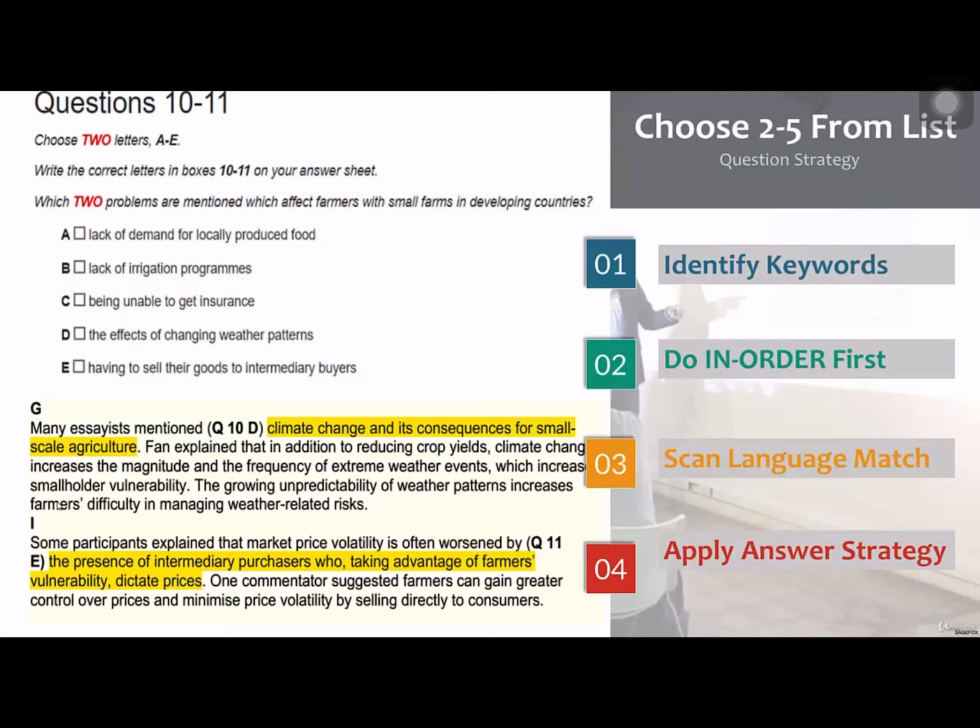Now, don't worry. In the upcoming lectures afterwards, I'm going to show you the whole scanning process, the whole process of doing the questions that go in order first and then coming back, how that whole process works. All right?